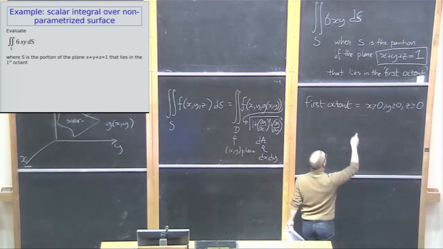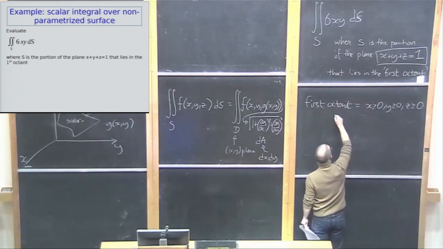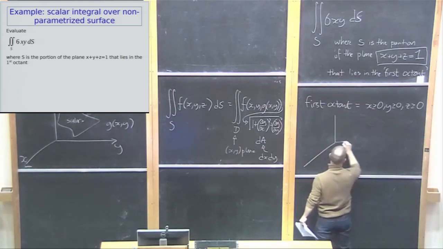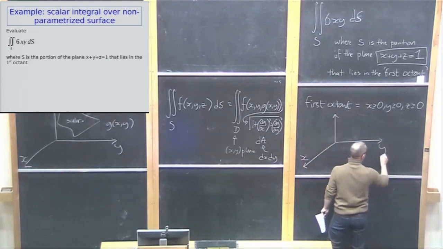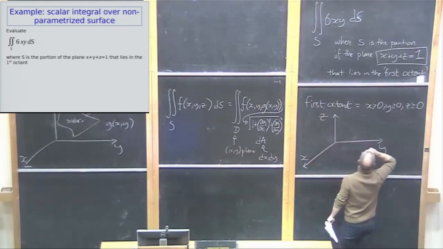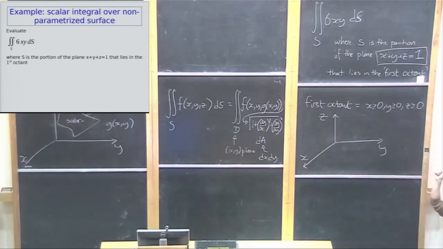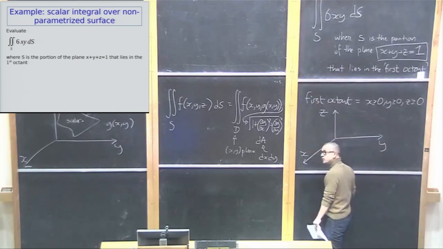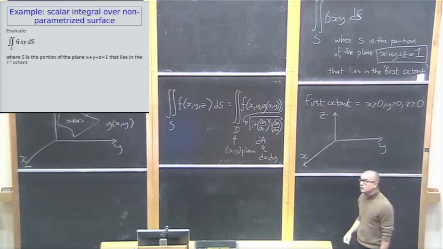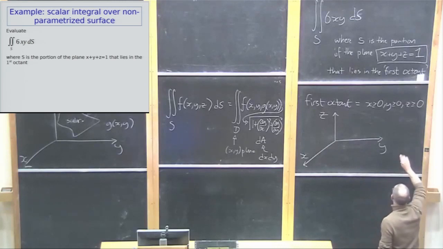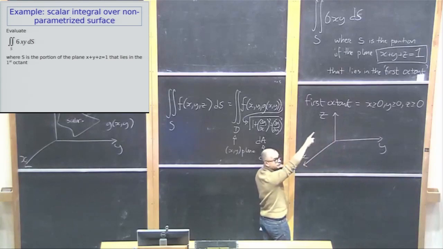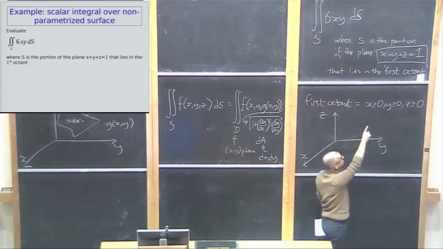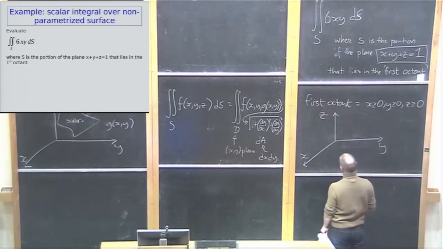Okay, so the first thing we want to do is take the equation for this surface and sketch it to make sure we're visualizing it correctly. Again, x, y, z. Now, in fact, I think we came across this surface earlier on in the course, but we'll go through how you would work out what this surface is if you haven't seen it before. You can see that this is just going to be a flat surface inclined at some angle, and in order to work out the intercept points on the x, y, and z axes, you just set each of the other 2 variables to 0 in turn.